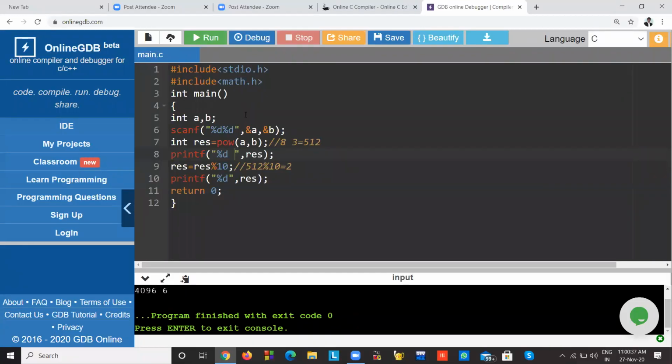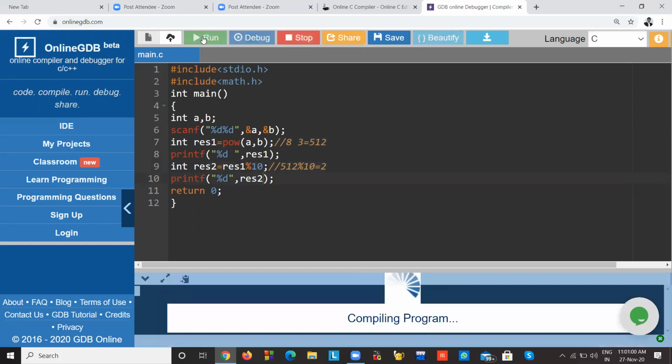Sir, shall I use another variable here? Yes, we can use result 1, result 2. Then print result 1. Next, here we declare another variable, int result 2, and dividing result 1 by 10 gives result 2. So print result 2. This is also fine, no problem.